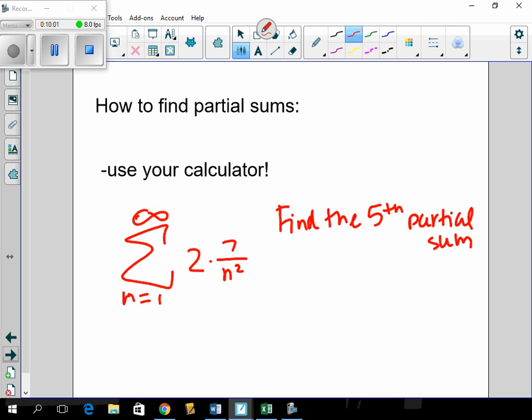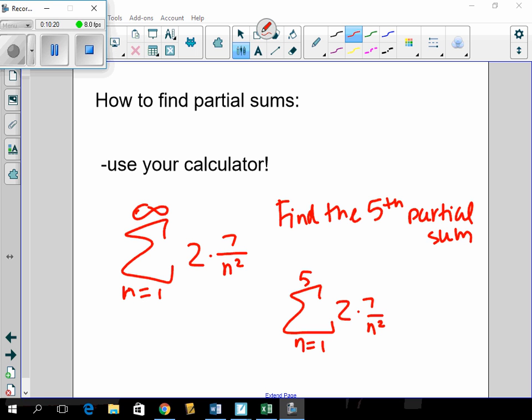That means I want you to find the sum of the series all the way up to the fifth term of 2 times 7 over n squared.